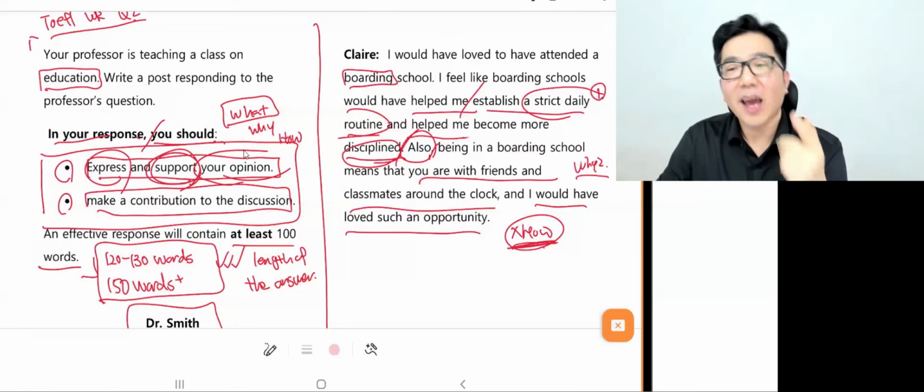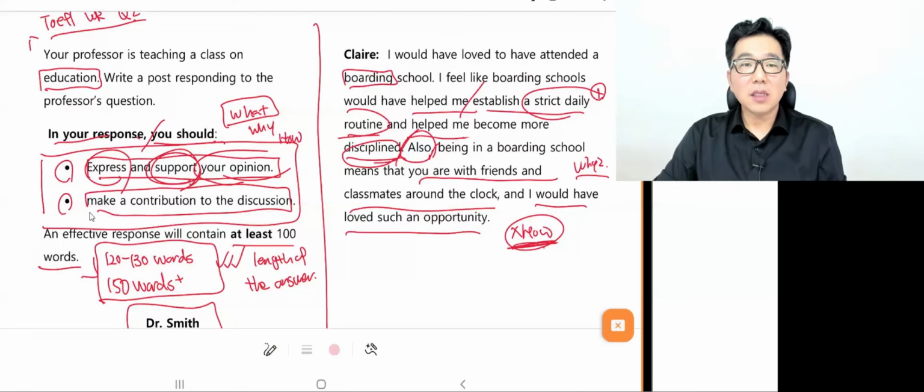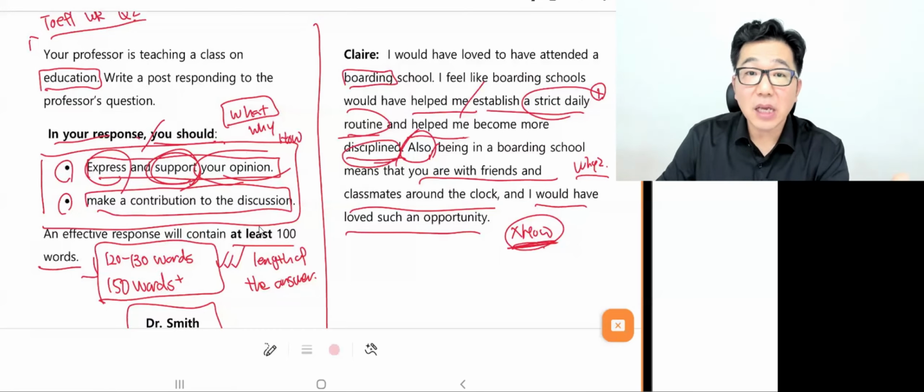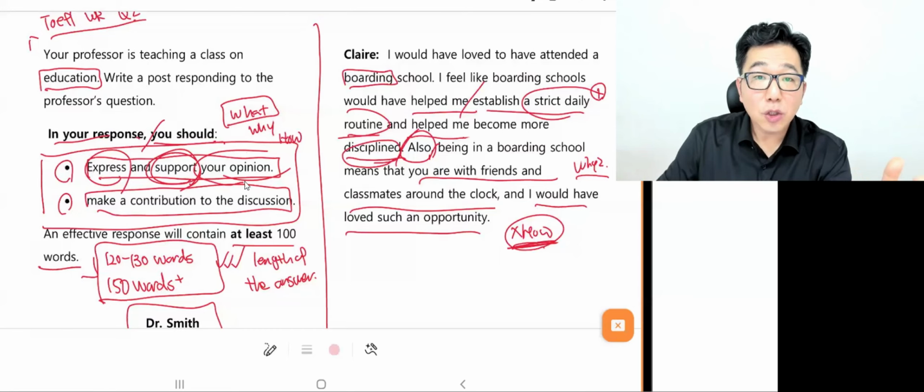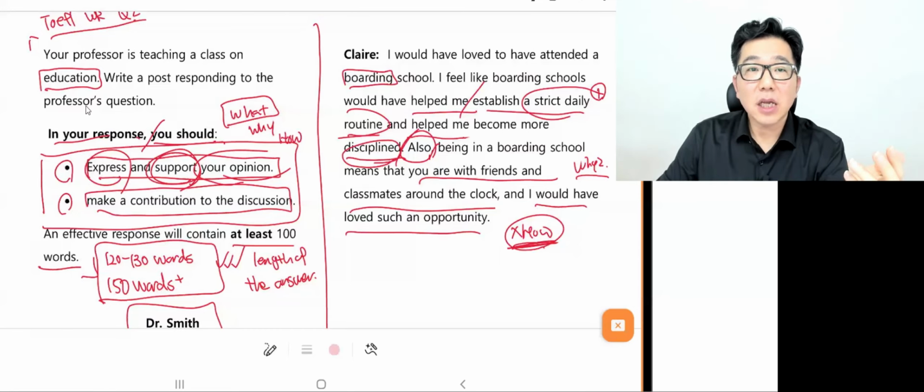And you might ask, hey, James, but this question is different because it said make a contribution to the existing discussion. But question 1 in speaking, there is no discussion. So you just do the first criteria, you get the perfect score. But you're wrong, James, because in TOEFL writing question 2, you have to do this.